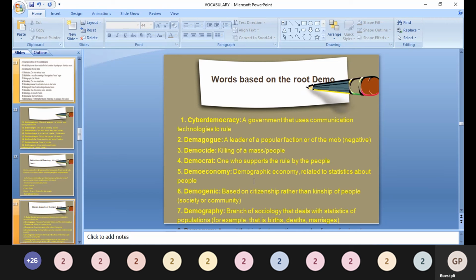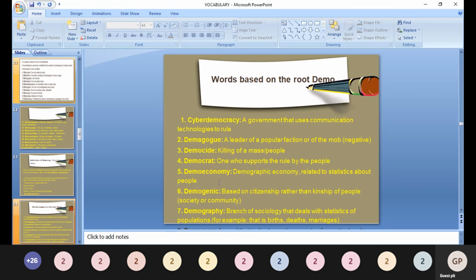Demo economy, demographic economy, related to statistics about people. Economy is all about statistics and things like that. So demo economy is the statistics about the people. Demogenic, based on citizenship rather than kinship of people, society or community.